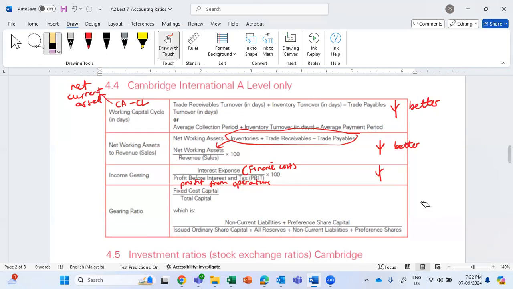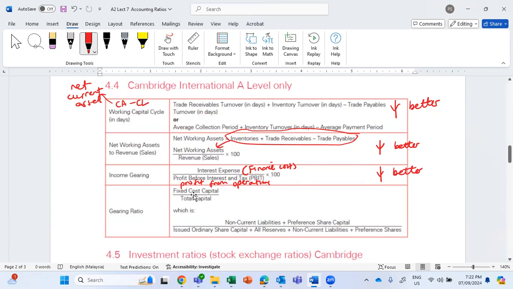The lesser the finance cost in relation to the profit from operation, the better, because finance cost is interest that we have to pay regardless of whether we make a profit or not. So that finance cost should be as minimal as possible. The lower, the better the figure.